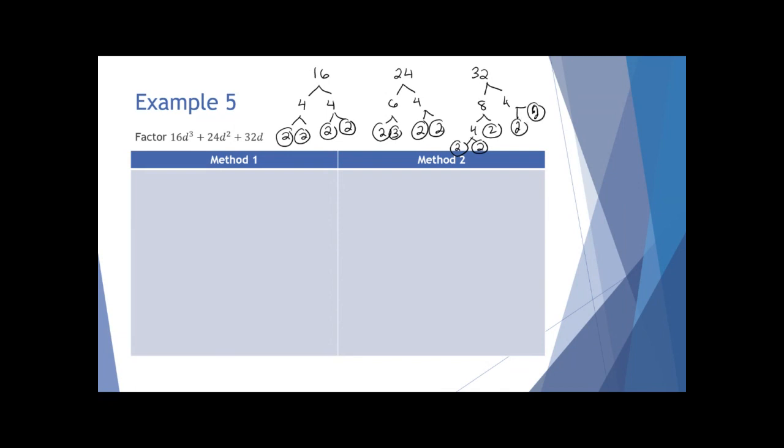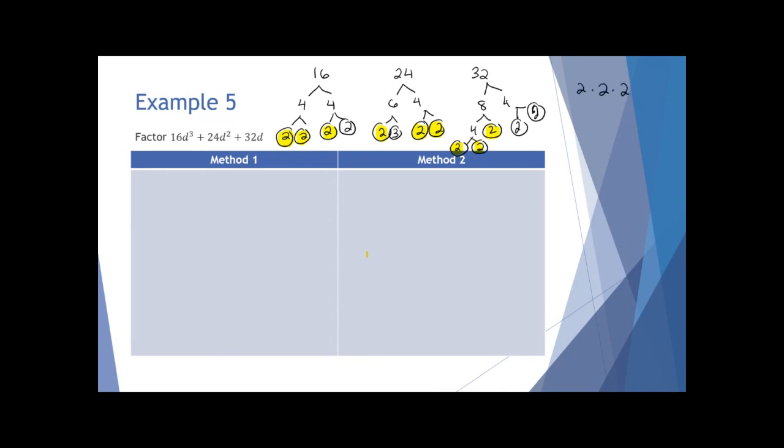Okay, I'm going to highlight everything. So I've got a 2, a 2, and a 2. I still have another 2 in common. I've got a third 2 in common, and then I don't have another 2 in 24. So actually my GCF here is 2 times 2 times 2.